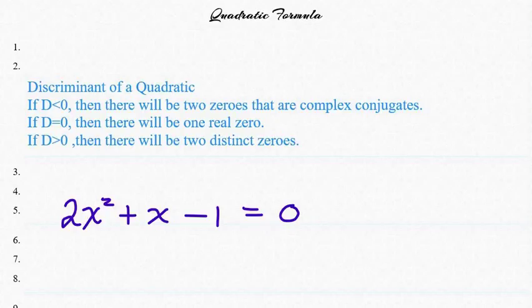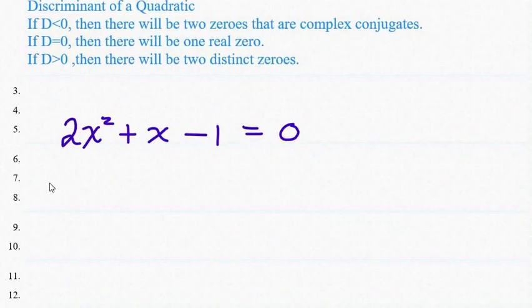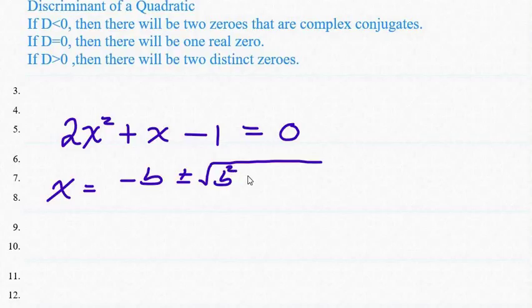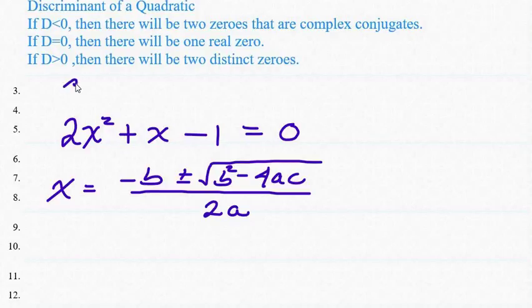So once again, we got to remember that quadratic formula. x is equal to negative b plus or minus the square root of b squared minus 4ac, and it's all over 2a. Now remember, in general, it was ax squared plus bx plus c is equal to 0.